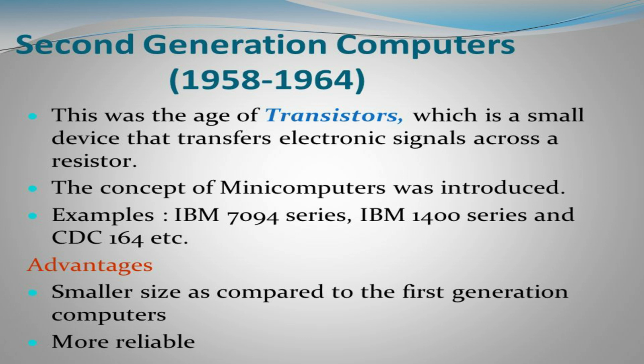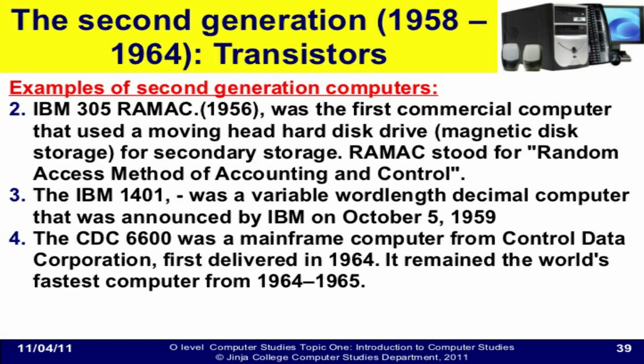Example of the second generation computer, IBM 305 RAMAC. 1956 was the first commercial computer that used a moving head hard disk drive, magnetic disk storage for secondary storage.